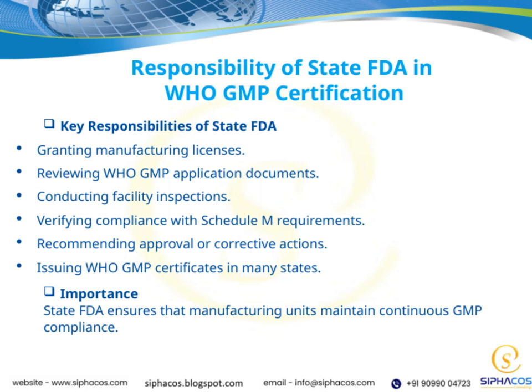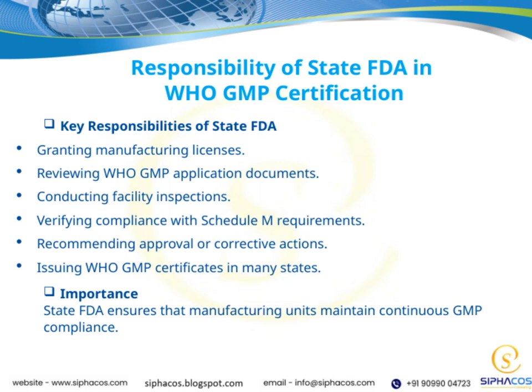The state FDA also verifies compliance with Schedule M requirements, which are the specific guidelines for pharmaceutical manufacturing in India. Based on their inspections and reviews, the state FDA then recommends either approval or the need for corrective actions. If everything is in order, they issue the WHO GMP certificates, which many states recognize and uphold.